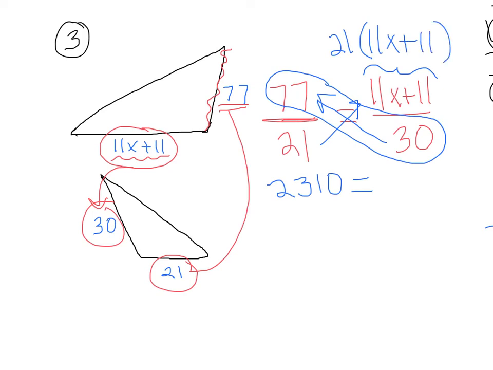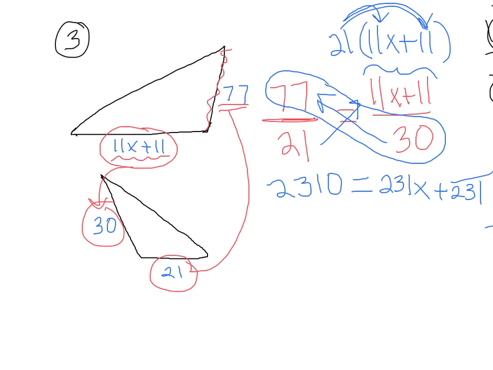So we need to do 21 times 11x and 21 times 11 as we rewrite this into our equation. So I go to my calculator, 21 times 11, that's 231. So first we get 231x, and then 21 times the 11 is just 231, so plus 231.